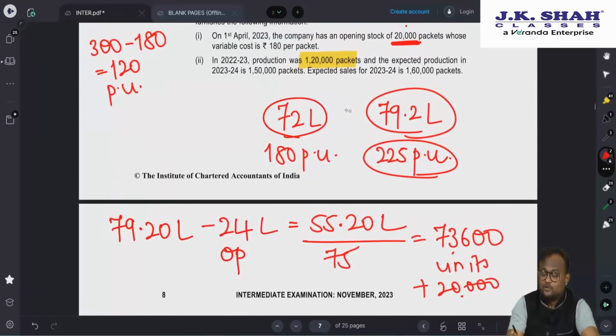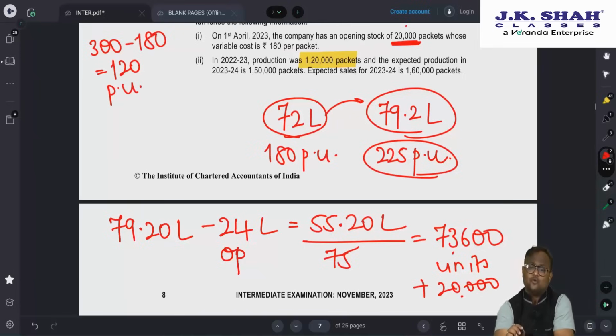Fixed cost was 72 lakhs. It went up to 79,20,000. Break-even point is something that recovers your fixed cost. My opening stock is any which way recovering fixed cost of 24 lakhs. Balance fixed cost 55,20,000 must be recovered by producing a fresh quantity in the next year.